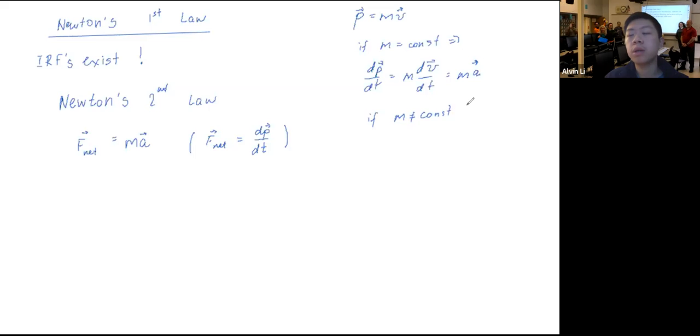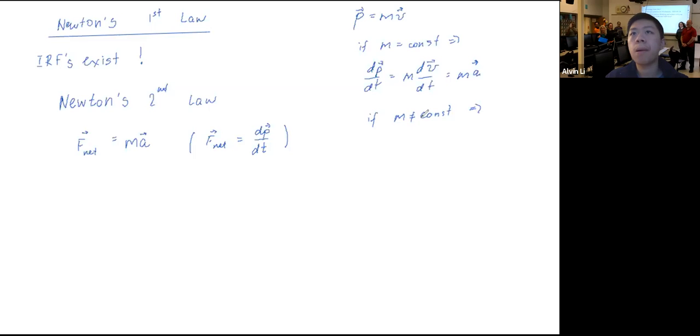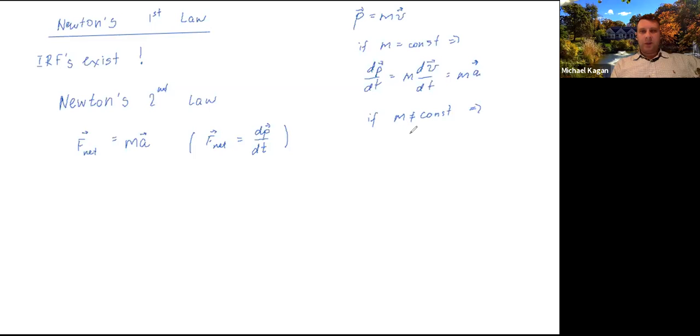I think we did. Okay, but not everybody here was with us in the spring. Yeah. Okay, so again, we'll revisit it. If m is not constant, you get an extra term. And you have a question like, what is more accurate? So the answer is this. This is more accurate.